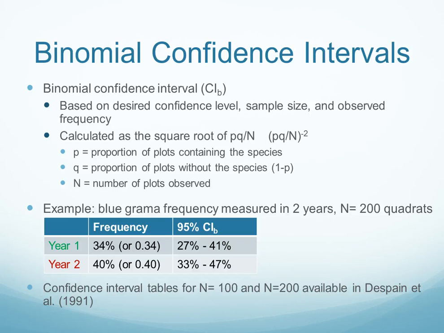And using confidence interval tables that are available for N equals 200, we were able to determine that the confidence intervals are between 27 to 41% for year 1 and 33 to 47% for year 2. We would interpret this to mean that the frequency of blue grama did not vary between the years because the confidence intervals overlap, and any differences that we see could simply be due to sampling error.